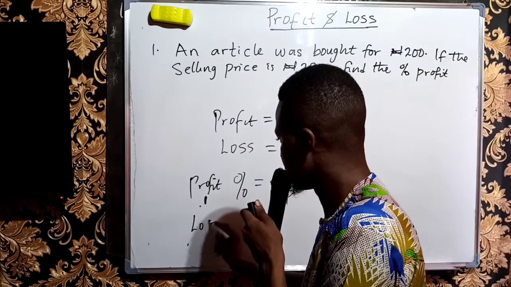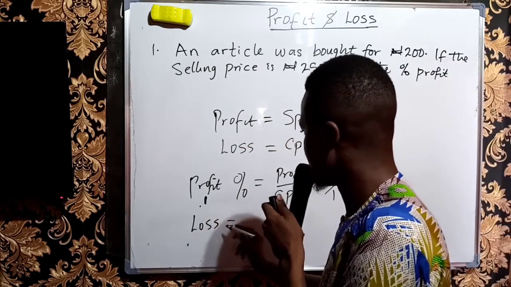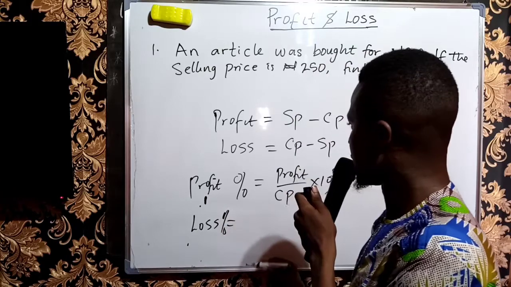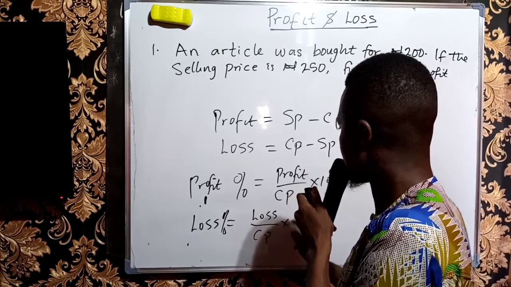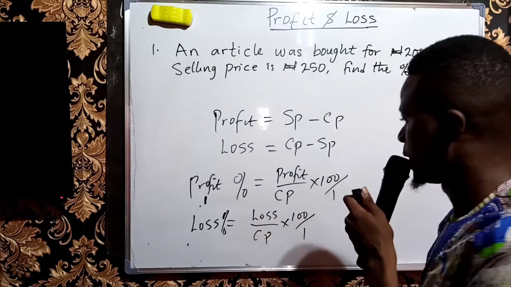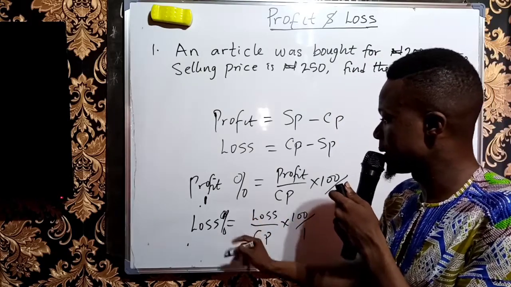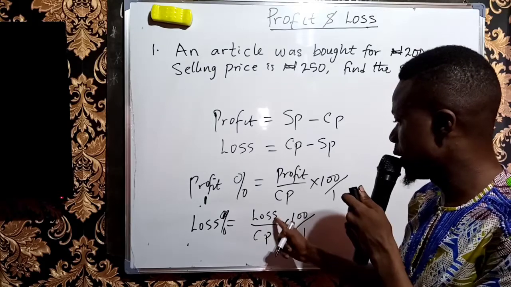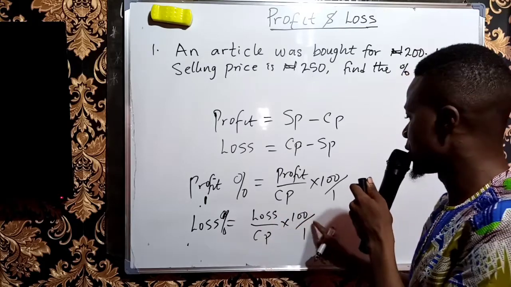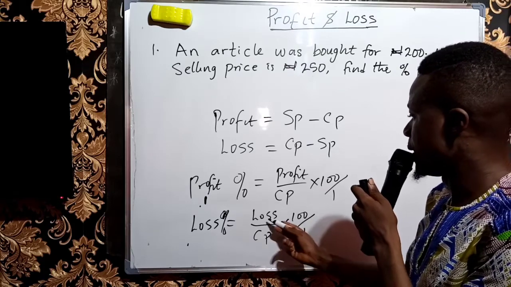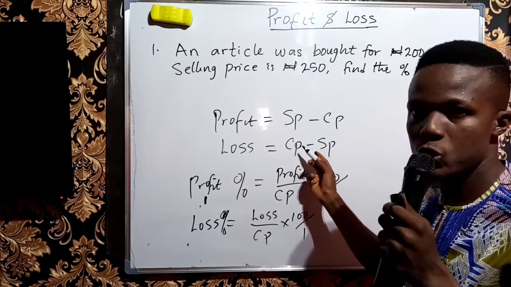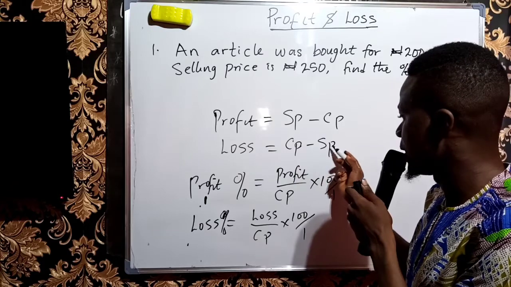Also, loss percent is equivalent to loss all over cost price times 100 over 1. So loss percent is the same thing as your loss over cost price times 100 over 1. That gives you loss percent. And remember, loss is equivalent to cost price minus selling price.